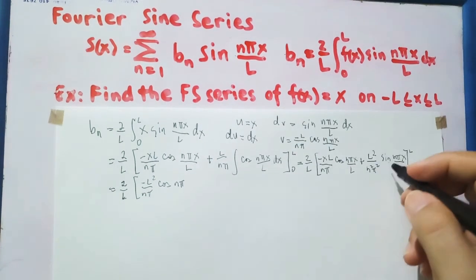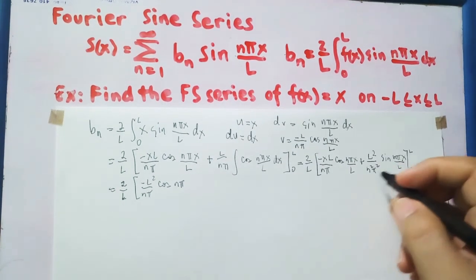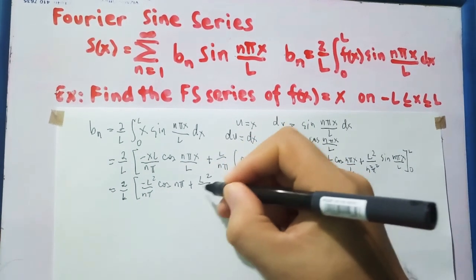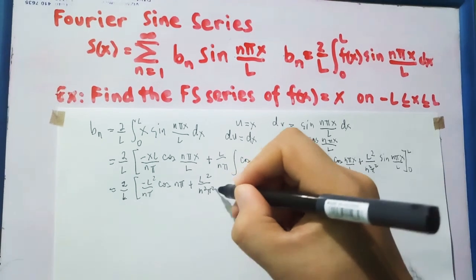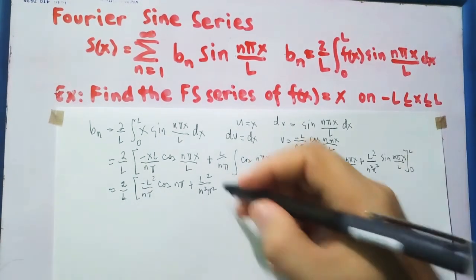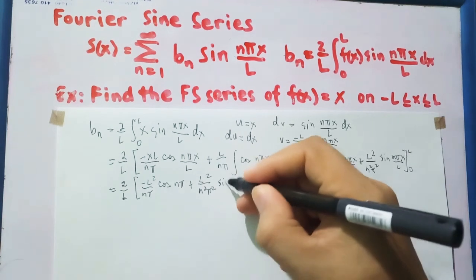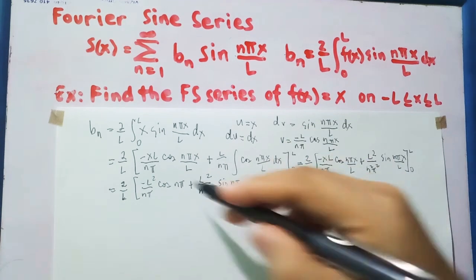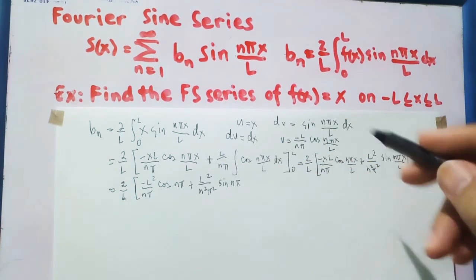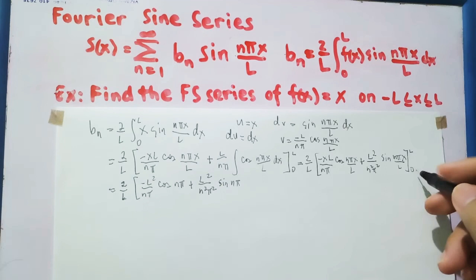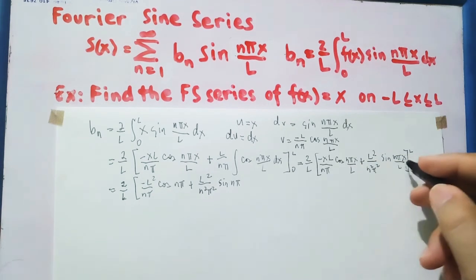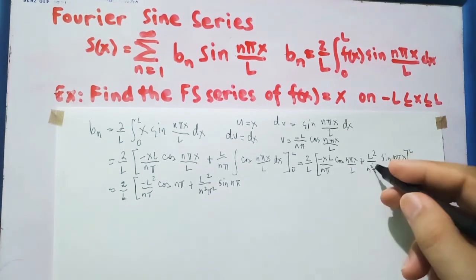And then plus we have L squared over n squared pi squared, and then sine of n pi. That is our upper limit minus the lower limit, wherein we substitute the value of x as 0. So if we substitute x as 0, this one becomes 0, and sine of 0 is equivalent to 0 times this one.